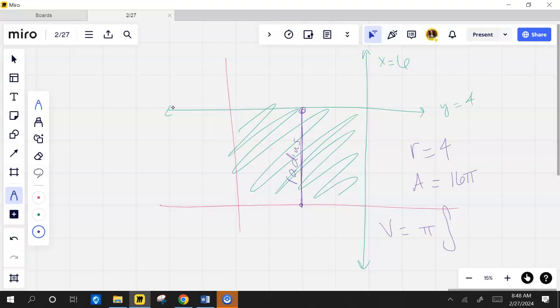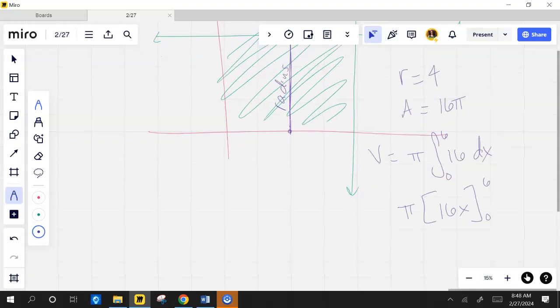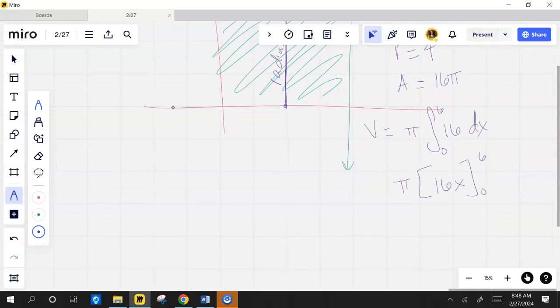With respect to x, so then that tells me I go from what to what? 0 to 6 of 16 dx. What does that give you? 96 pi?